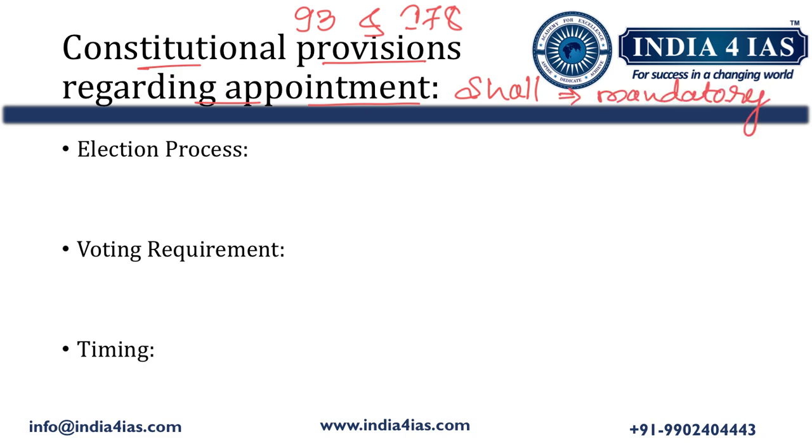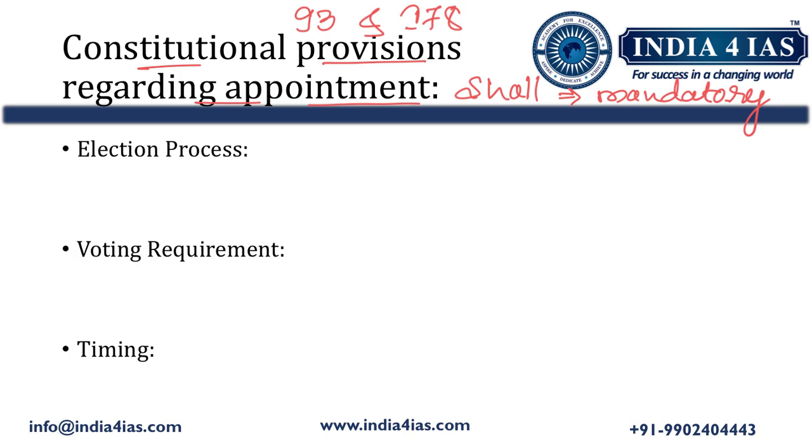So it indicates a mandatory requirement of choosing both Speaker and Deputy Speaker. The phrase as soon as may be in Articles 93 and 178 emphasizes that these appointments should be made promptly after the formation of the House or the Assembly.